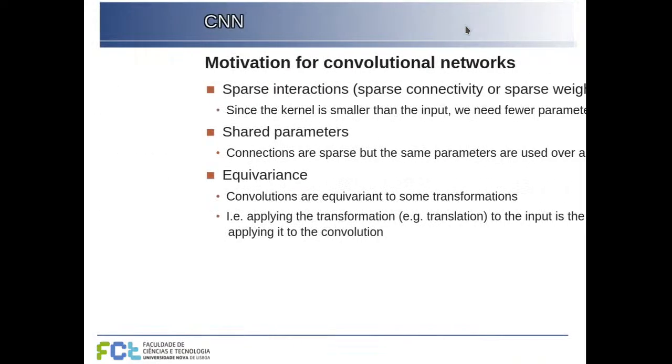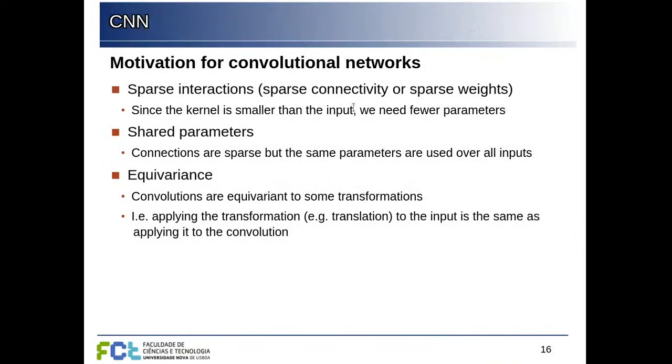Okay, so let's see how this works in a convolutional neural network. We can imagine this as being an adaptation of the dense networks, of the fully connected layers, in order to reduce the number of parameters that we need to find the patterns we want. So there are two attributes here for that.